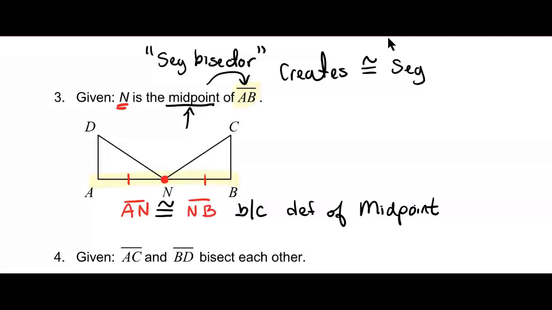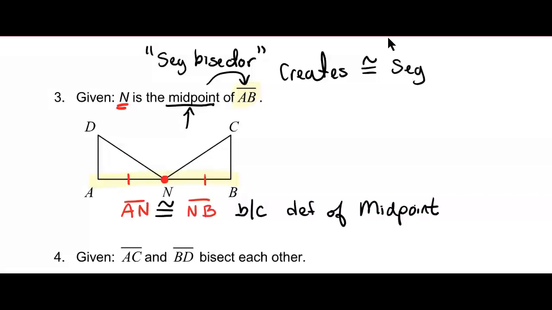If I'd been told N was the bisector of segment AB, then I would say definition of segment bisector. But they gave me the term midpoint. I'm going to use definition of midpoint. That's what they gave me. Do you have a question?